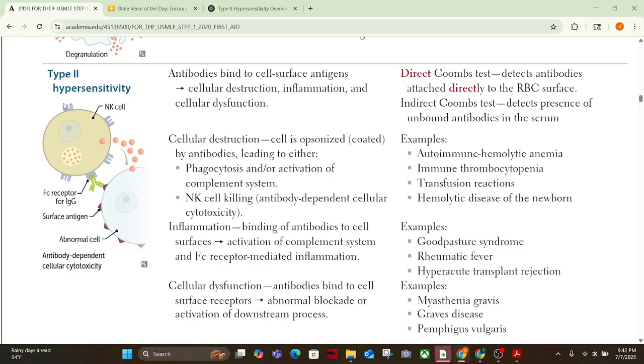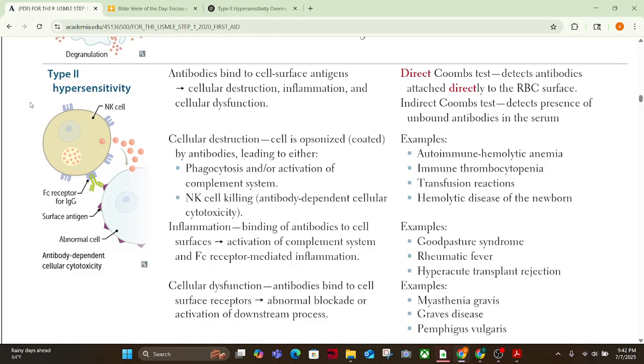So, in type 2 hypersensitivity, antibodies bind to cell surface antigens. This causes cellular destruction, inflammation, and cellular dysfunction. Cellular destruction: the cell is opsonized, which means it's coated by IgG, leading to either phagocytosis and/or activation of the complement system, or natural killer cell killing through antibody-dependent cellular cytotoxicity.